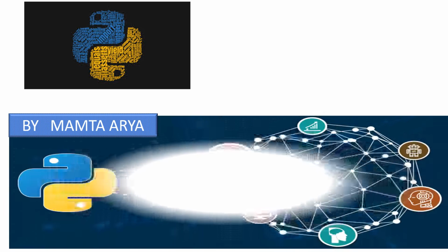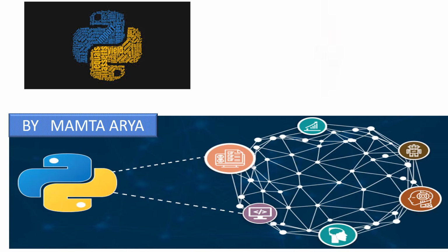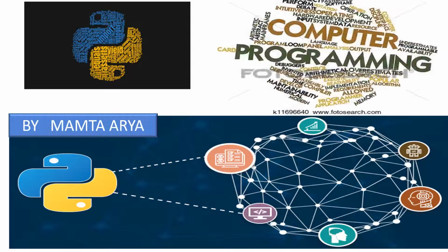Strings are a collection of characters. Characters means alphabets, special characters, digits. And with the help of strings, various coding objectives can be fulfilled.